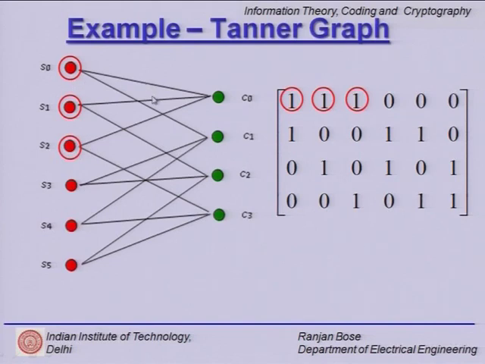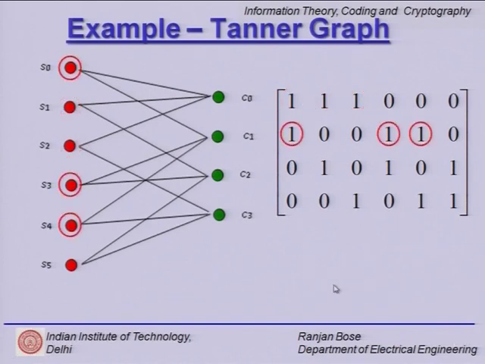On the other hand, if I have 1 0 0 1, so this C3 also shows a 1, it means that S2, S4 and S5 which are connected to C3, one of them is possibly wrong. So, if I look at this guy, I have these two and so on and so forth.